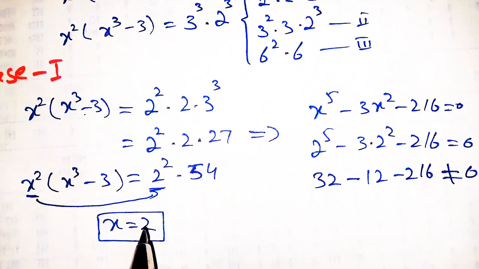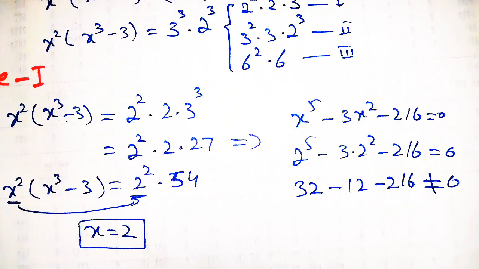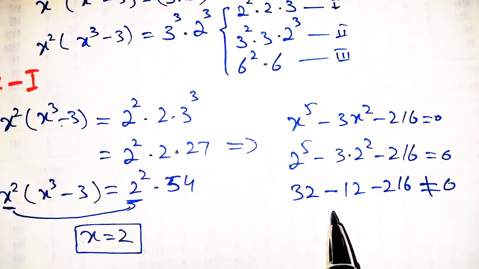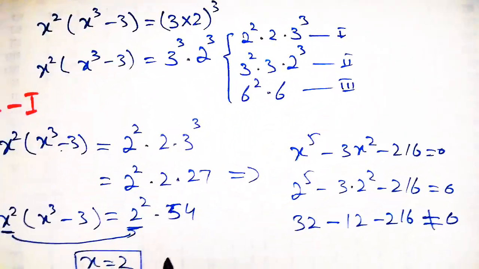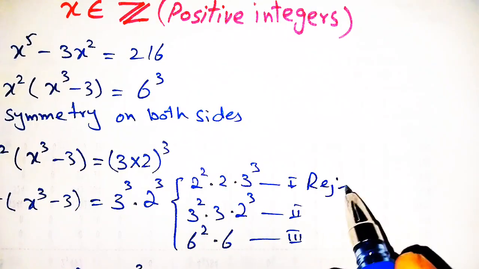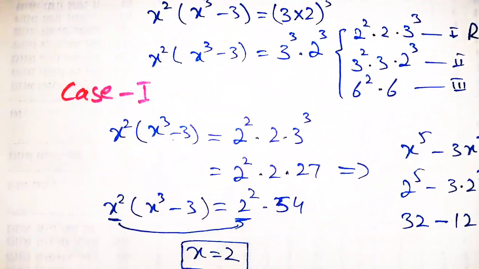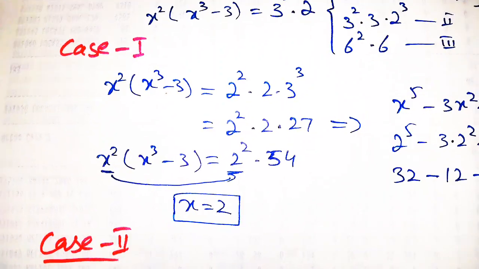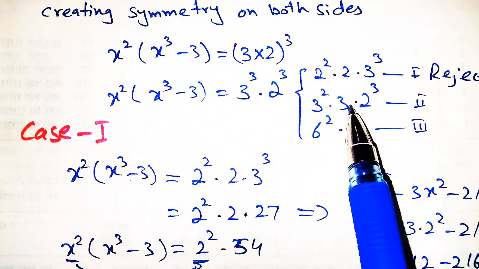So if x is equal to 2, it will not satisfy the given equation, so we cannot consider this factor pair, so it is rejected.